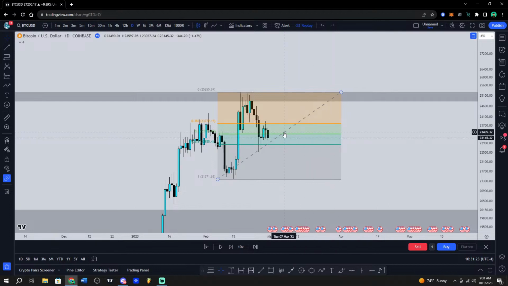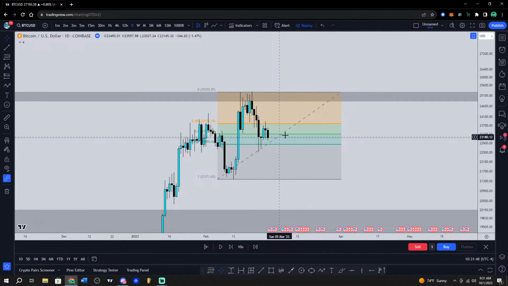The 50% is very closely watched, and so is the 61.8%. The 61.8 and the 65% is what people often refer to as the golden pocket. So just keep that in mind. The golden pocket is often used in crypto trading, especially.